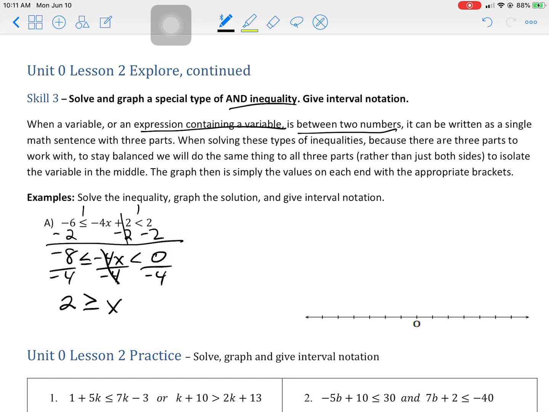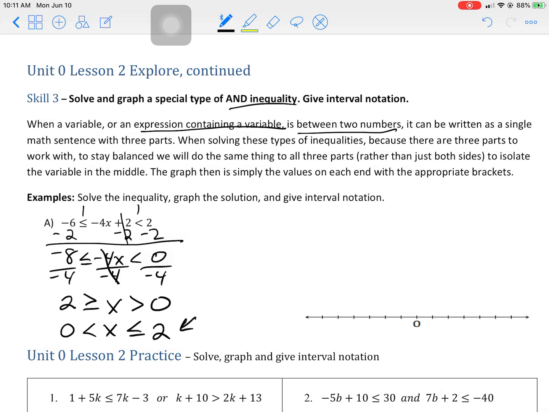That goes away, and then this one gets flipped. 0 divided by a negative is a 0. And then the whole thing's backwards, so I take a minute and put the 0 over there, put this back, and put it like that.